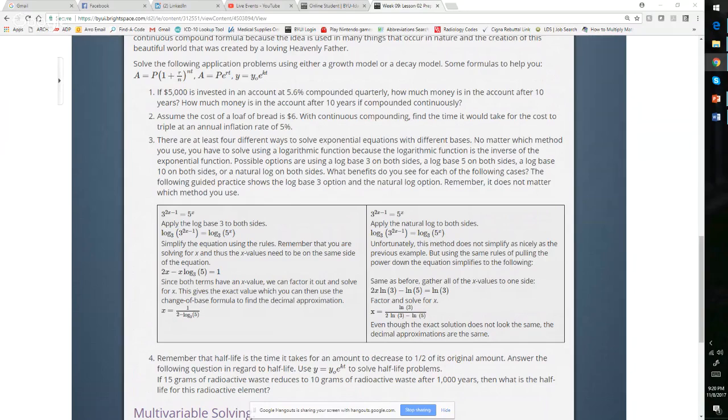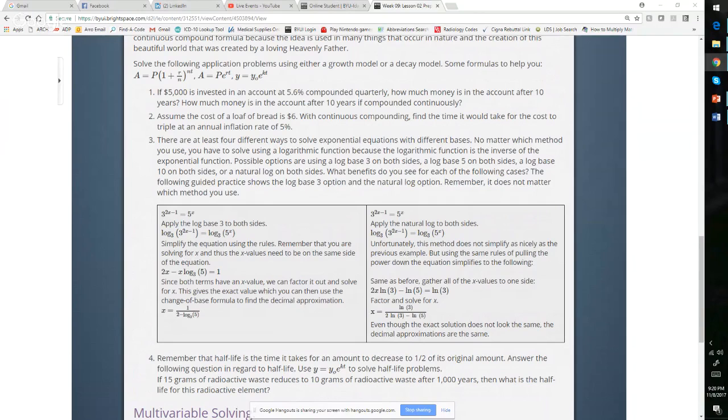I used the equation A equals P times (1 plus r over n) to the nt. I just plugged in the variables that we had.